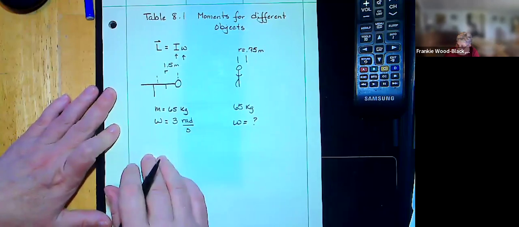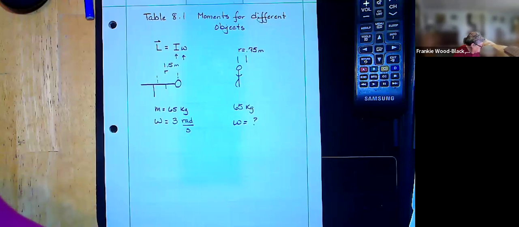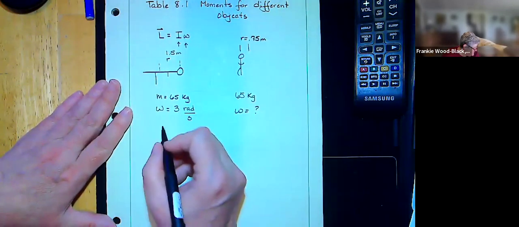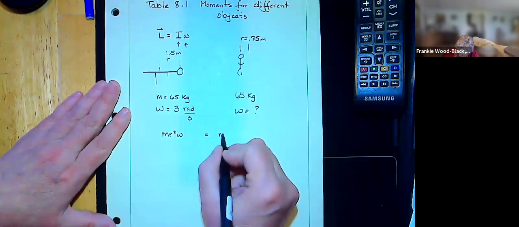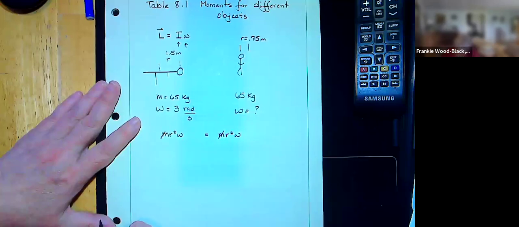Well, my angular momentum can be written as m r squared omega is equal to m r squared omega. Masses are the same, so those go away.